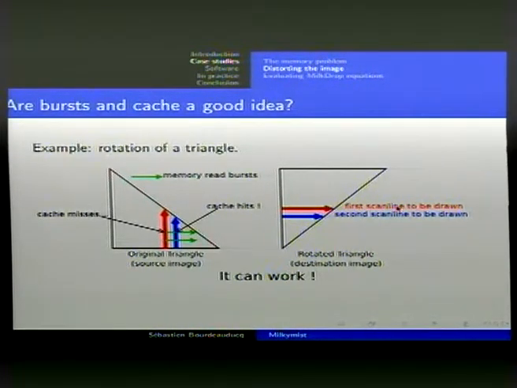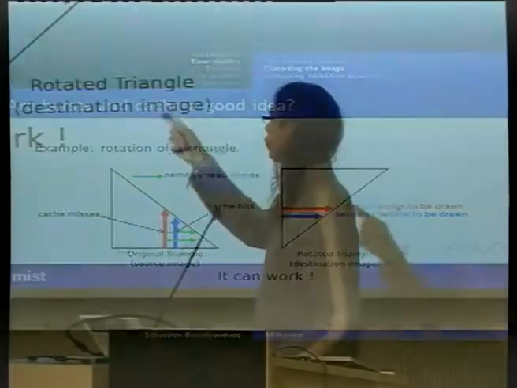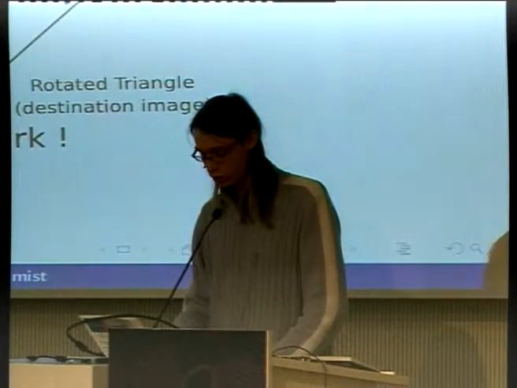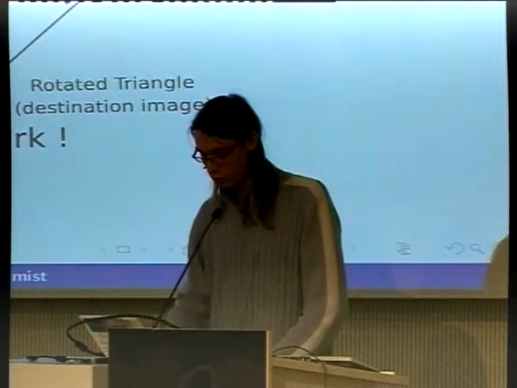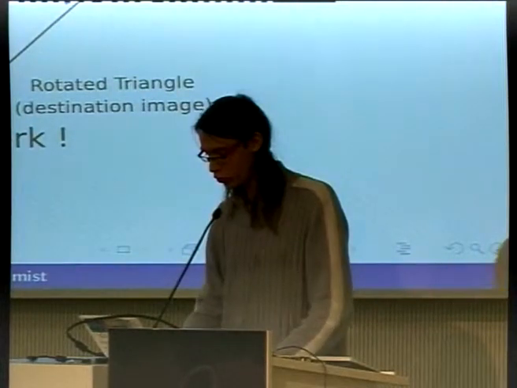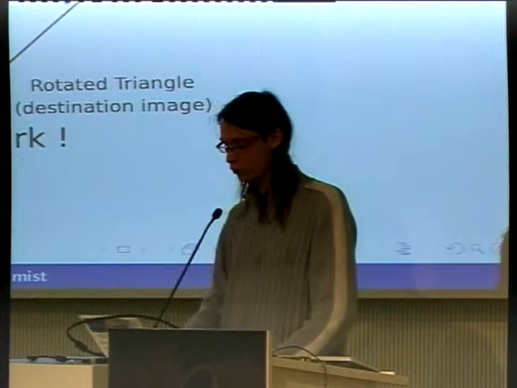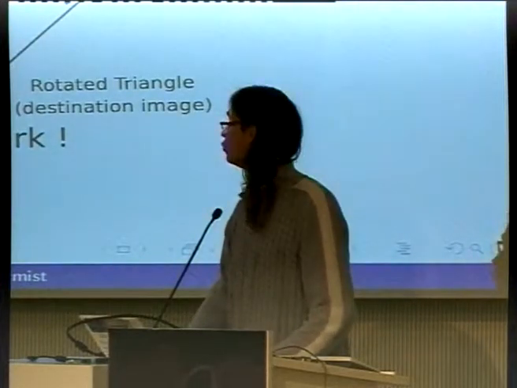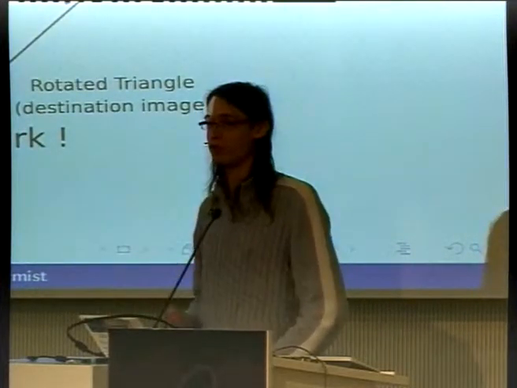And when you see what happens from the original triangle, which generates the memory reads, you can see that it tries to fetch data from here, from here, from here, in this order. So let's see what happens when you draw this scan line and then this one. So you draw this one, and you fetch these pixels. These pixels are not in the cache, if you assume the cache is empty at the beginning.